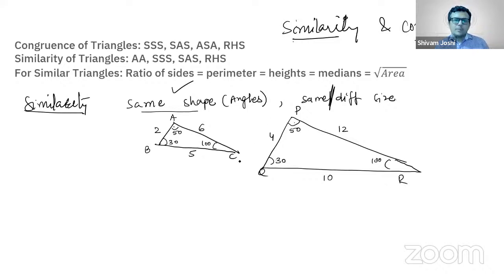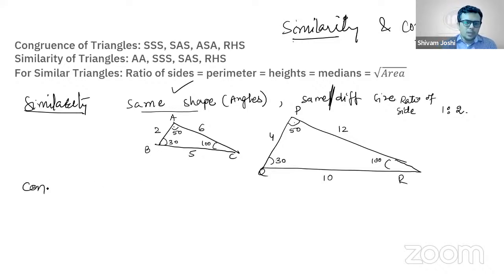So your AB by PQ is a ratio of 2 by 4, which is 1 by 2. BC by QR is 5 by 10, which is 1 by 2. And AC by PR is also 6 by 12, which is 1 by 2, right? So this is what you call 1 is to 2 similarity. Okay, and 1 is to 2 is what? Ratio of sides.